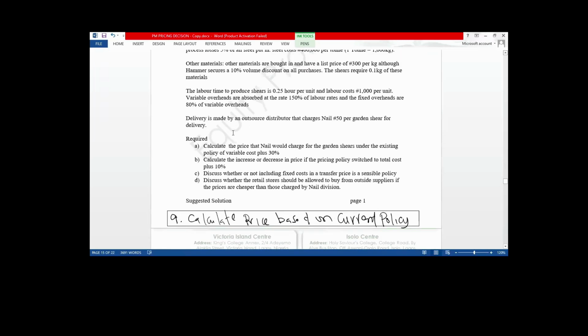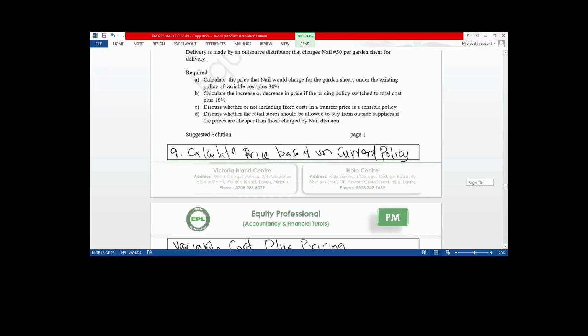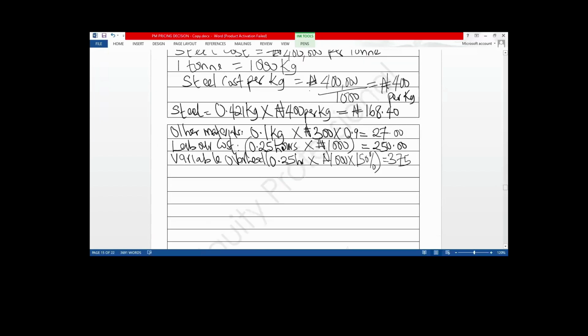The examiner says delivery is made by an outsourced distributor that charges NE 50 naira per garden expert for delivery. This is direct. Delivery per unit, or per garden expert.